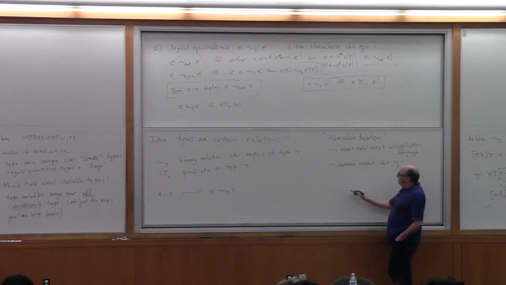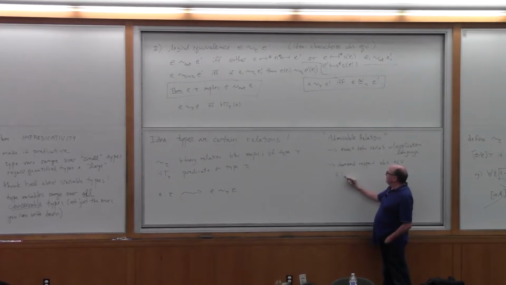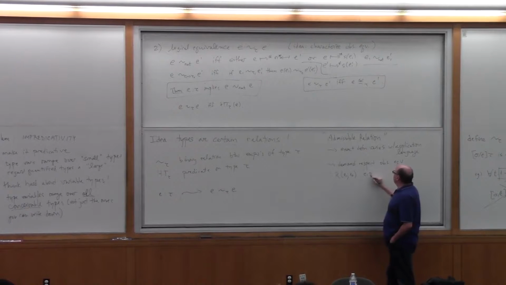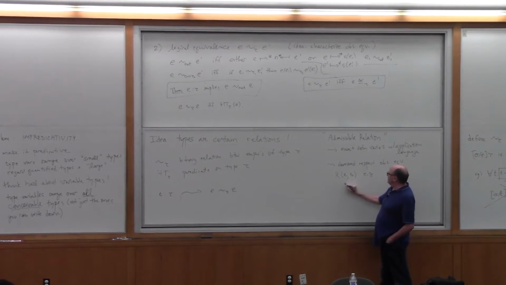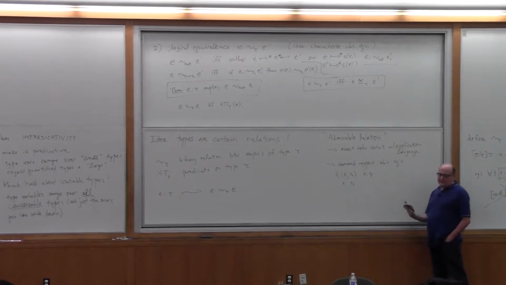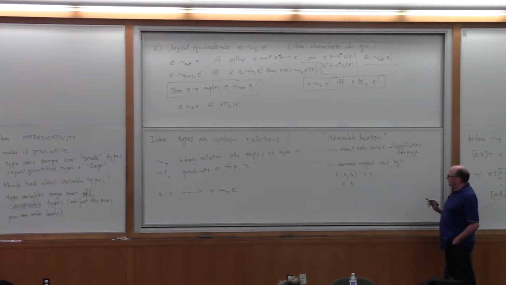So I'm going to demand that if we relate two things, E1, let's say this is some tau 1 and this is some tau 2, in general I'm going to allow heterogeneous relations, and I'll show you how that works in a minute.